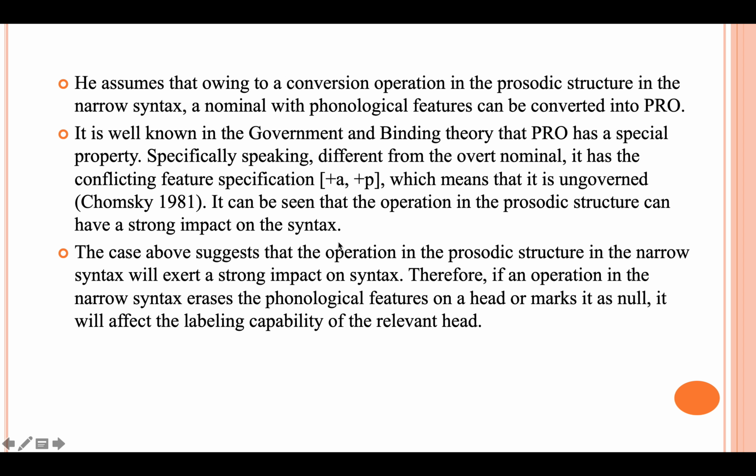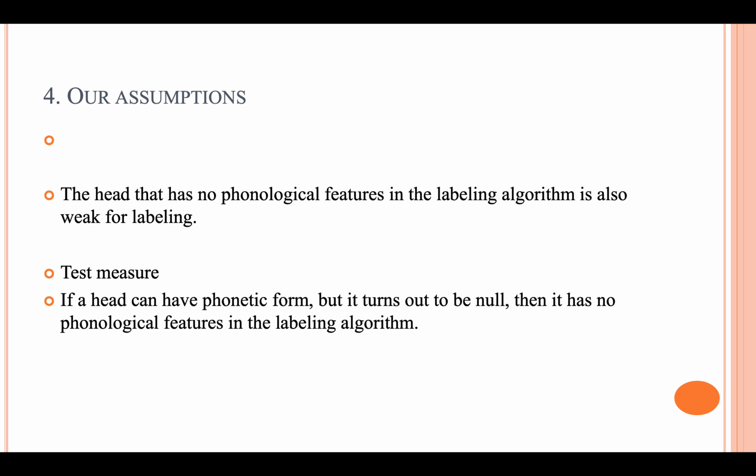Okay, so this suggests that the operation in the prosodic structure in the narrow syntax can exert a strong impact on syntax. Based on this, we can say that if the operation in the narrow syntax erases the phonological feature of a head or marks it as null, then its syntactic properties will be affected.